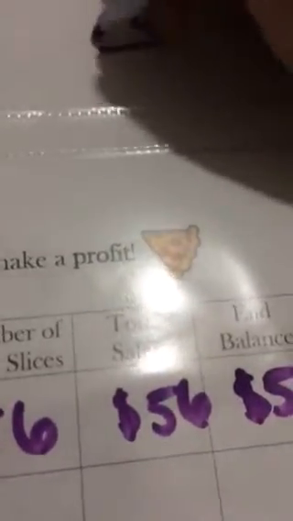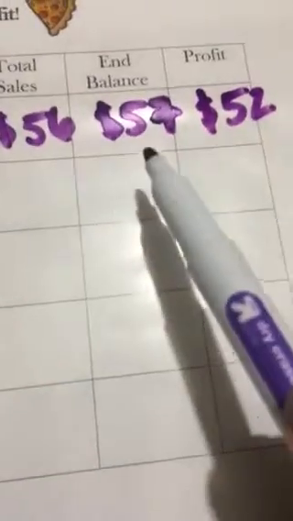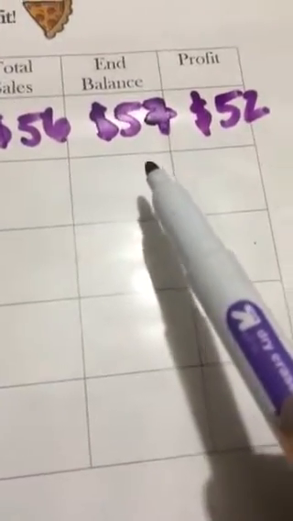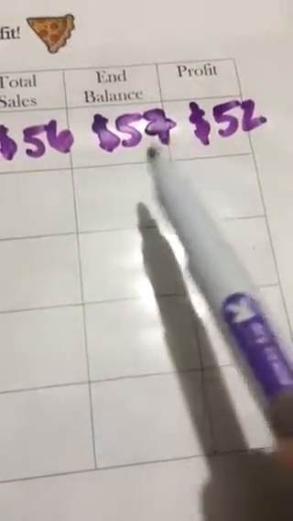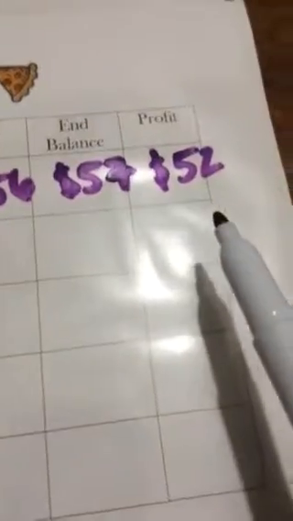Or another way to see that is 56 minus 4 is $52. If you look at the two amounts, you might get confused at first, but like I said before, end balance is the total amount of cash you have in hand, and profit is the amount of money you actually made after subtracting your expenses.